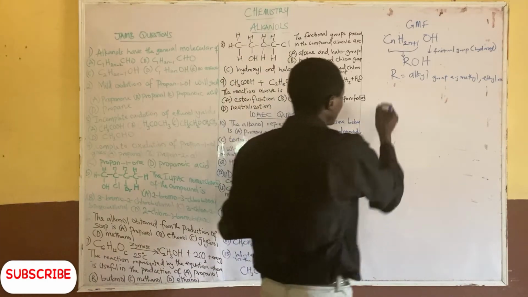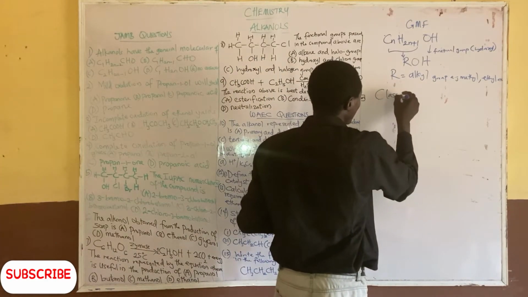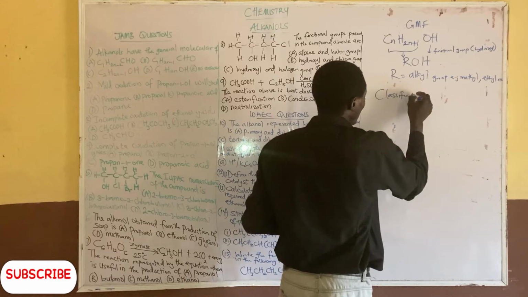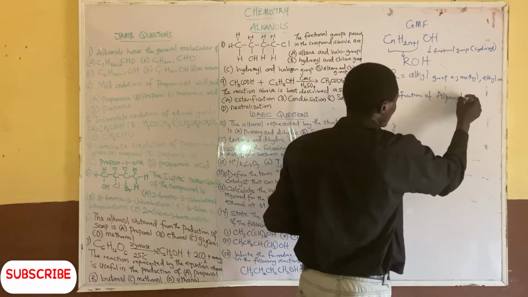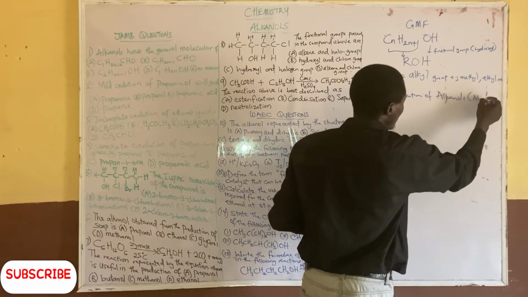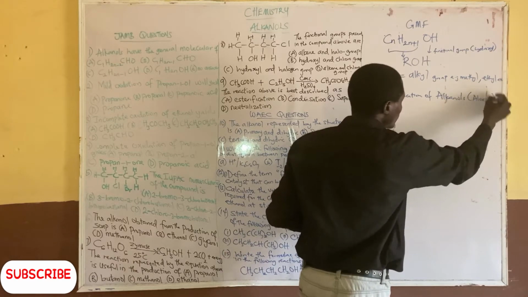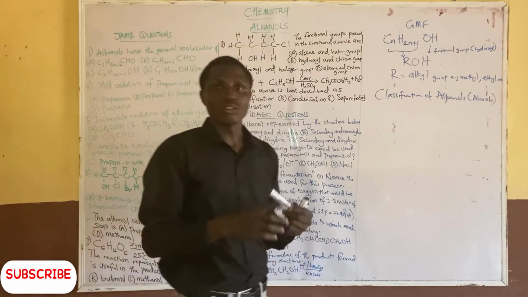Now we have classification of ALKANOLS. ALKANOLS, which are also known as alcohols, can be classified based on two groups.